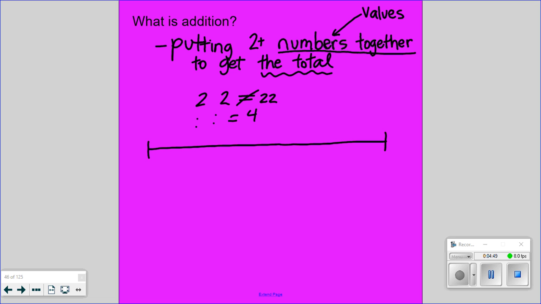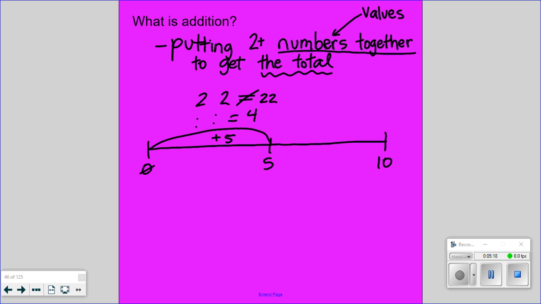Just for easiness, let's just say this is 0, this is 10. We're going to put a 5 as our midway point, and that's going to be our jump. We're going to say plus 5.